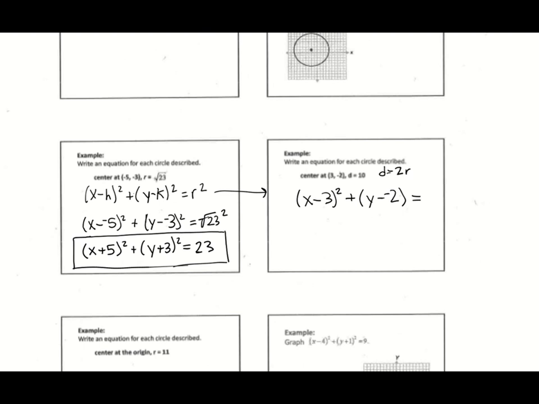So if I know my diameter is 10, I can find r by dividing by 2. If I divide my diameter by 2, I get my radius is equal to 5. So that means I have 5 squared. And I can rewrite this, x minus 3 squared plus y plus 2 squared is equal to 25.